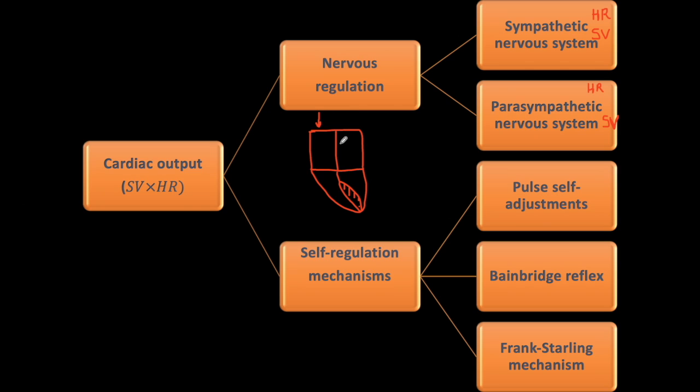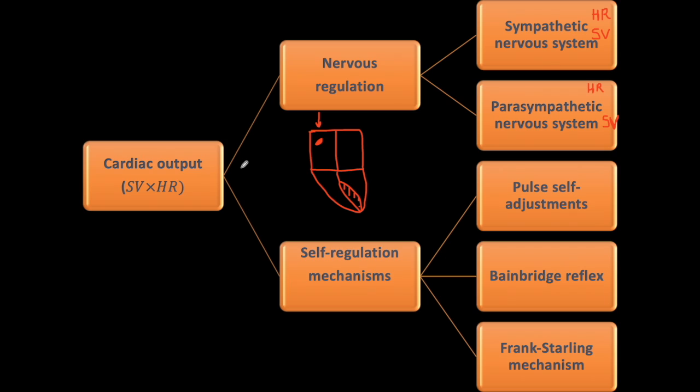What happens next is that our right atrium is stretched. This event itself is responsible for an increased rate of funny currents, sodium currents in this SA node in the wall of our right atrium.